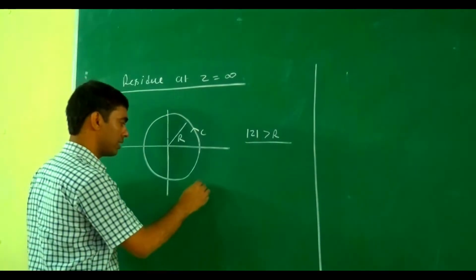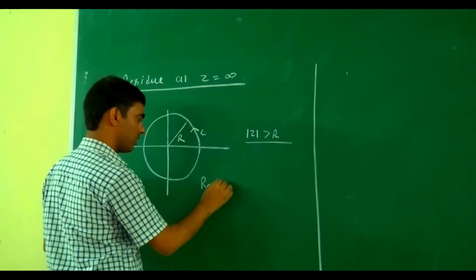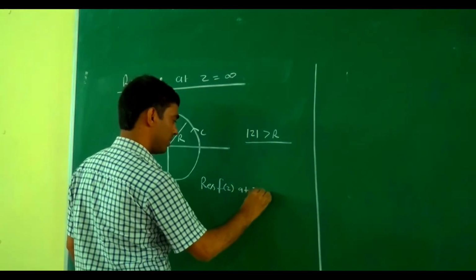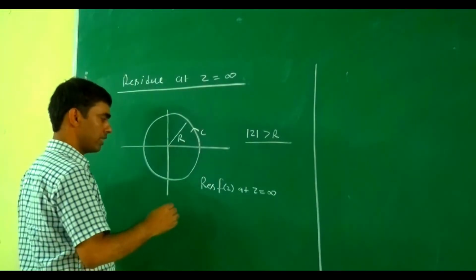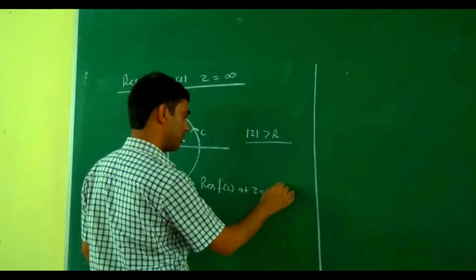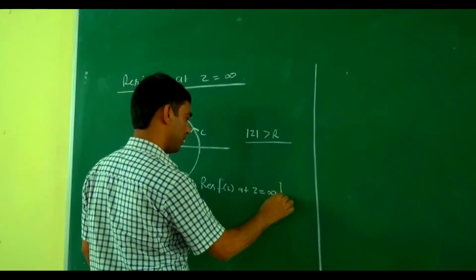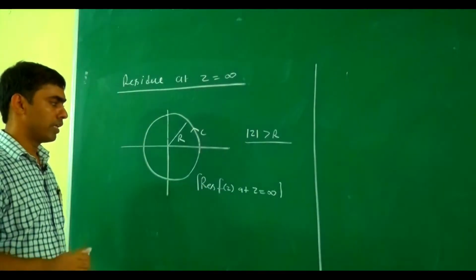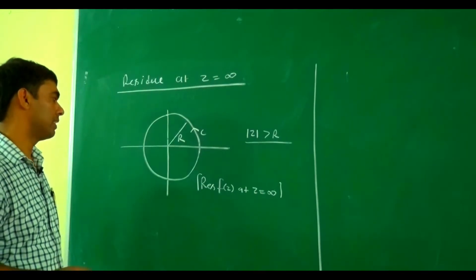Then we try to find the residue of f(z) at z equal infinity. The residue of f(z) at z equal infinity is v1, and v1 is 1 upon 2 pi i integrated over C of f(z) dz.